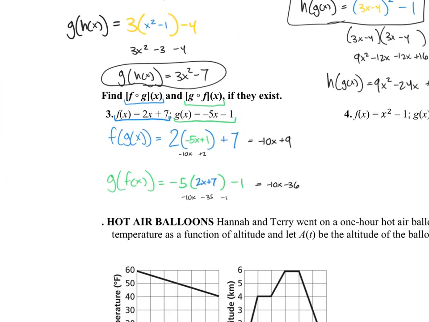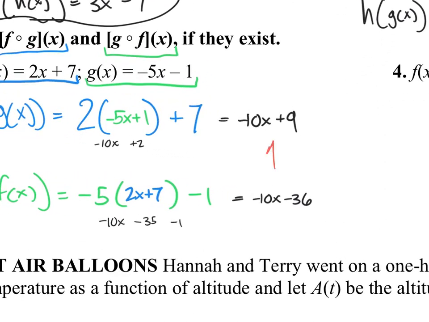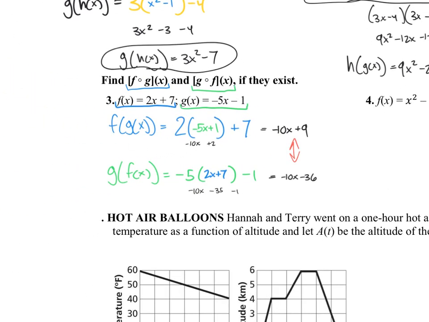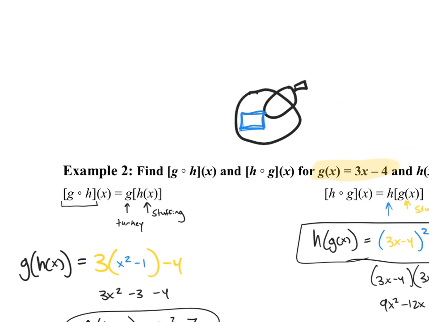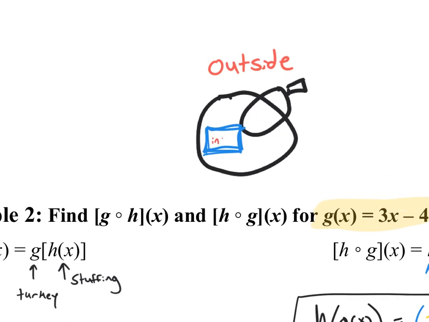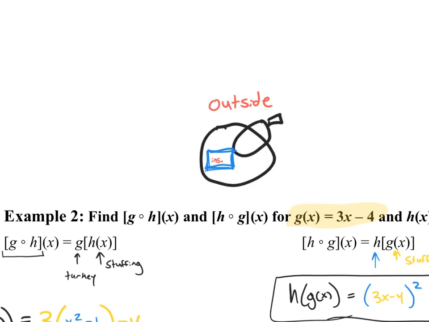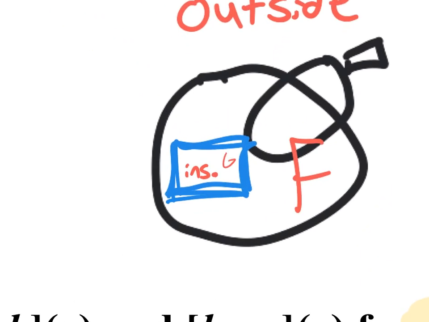So on this one, we get different final answers here, and that's normal. And that's the concept. Whatever is on the outside, that's your turkey. And then whatever is on the inside goes right there. So if this was f of g of x, this would be turkey F with stuffing G.